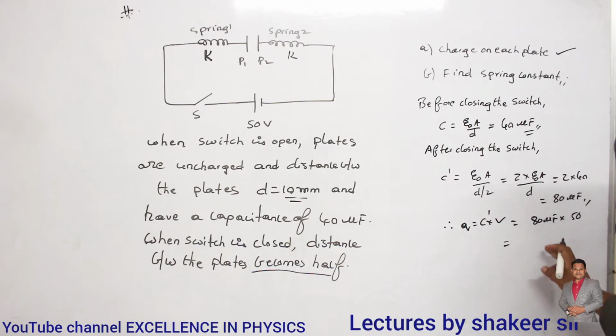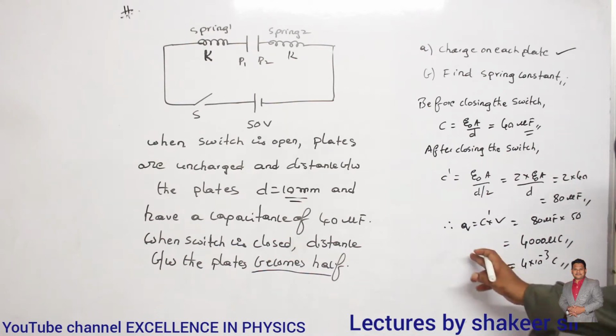So how much is it? 8 5s are 40, so 4,000 microcoulombs of charge is stored on the capacitor. Or I can write it as 4 into 10 power minus 3 coulombs of charge stored on the capacitor. So this is the amount of charge stored.